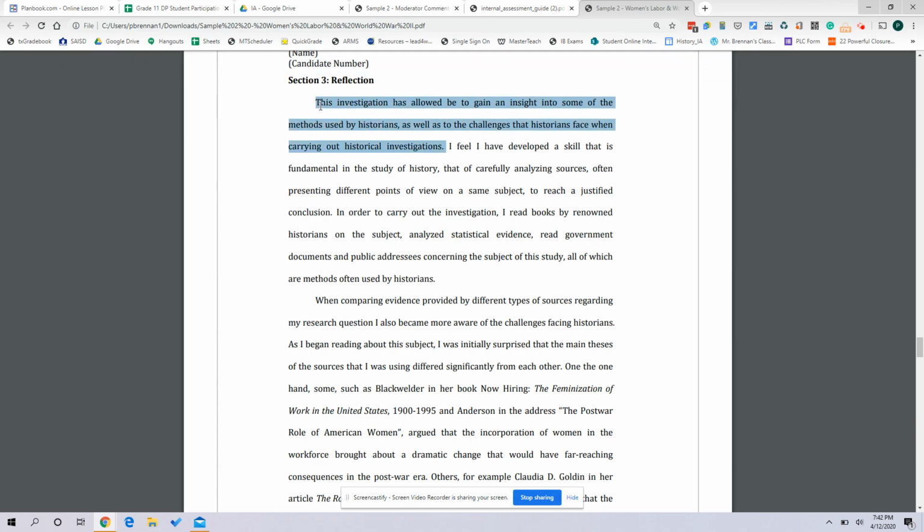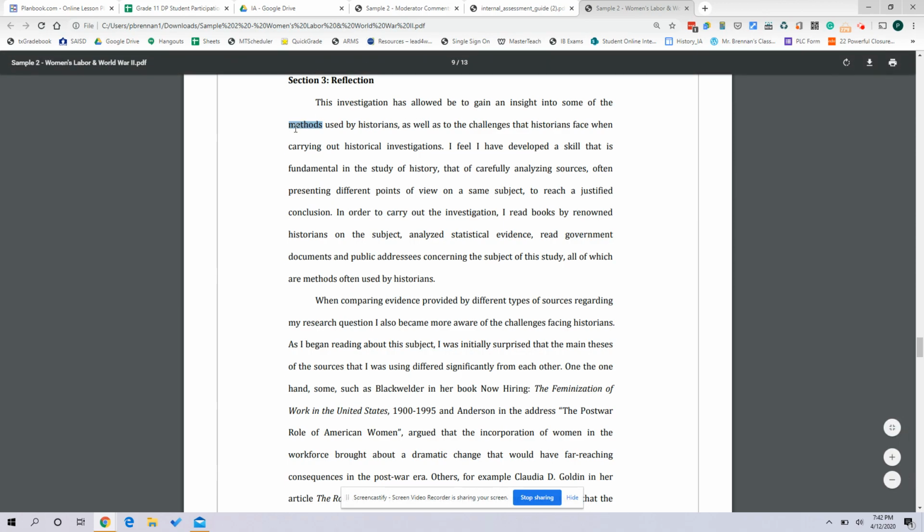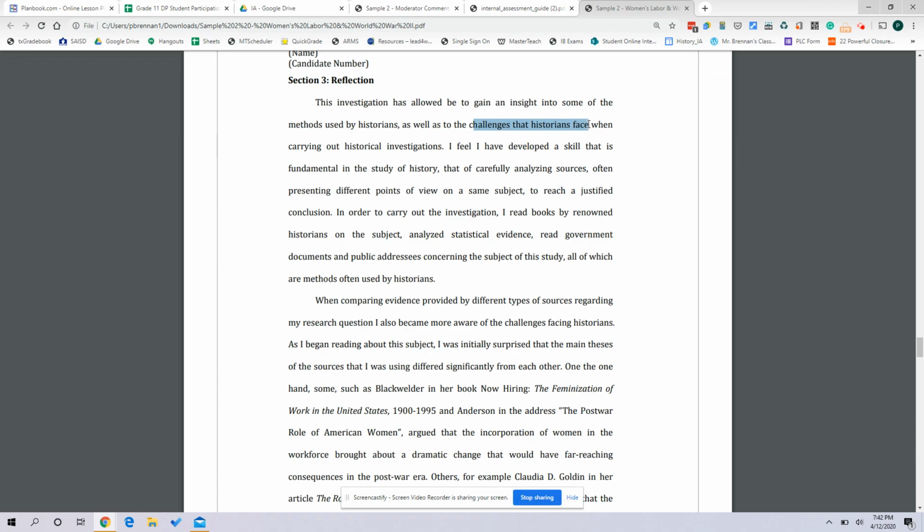This person writes a topic sentence for this section to help focus their writing on what you're being graded on. They talk about methods used by the historians and challenges the historians face. So that might be something you want to start out with, as a similar sentence structure for that first sentence, to help guide your writing into ensuring that you're going to hit on the things that you're being graded on.